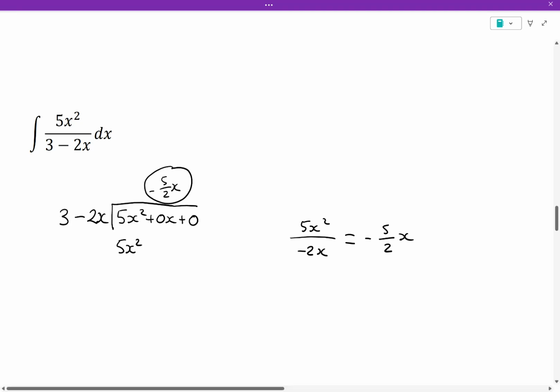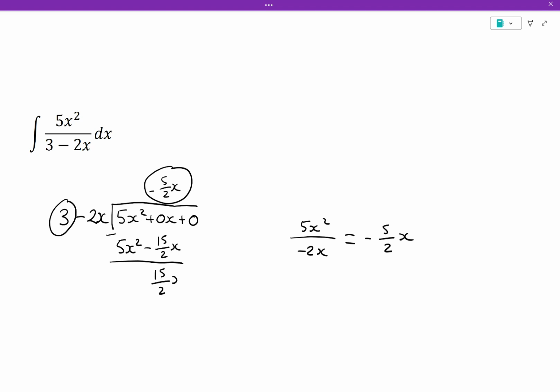And then -5 over 2x times 3, so that would be negative, and then it's going to be 15 over 2x. Then we're going to subtract to get our remainder. The 5x squareds cancel, then 0 subtract -15 over 2x becomes positive 15 over 2x.